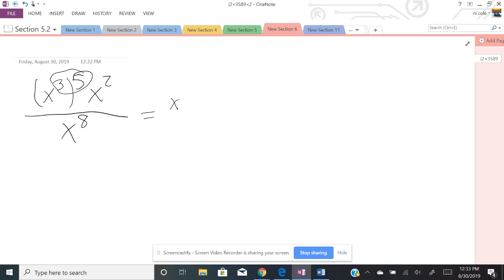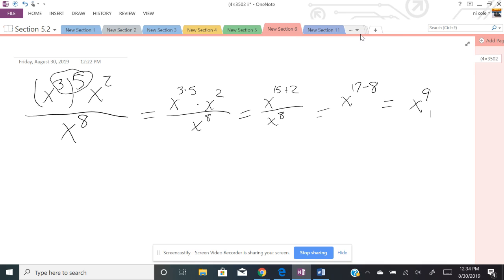That's going to become x to the 3 times 5 times x squared over x to the 8, which is equal to x to the 15 plus 2 over x to the 8. 15 plus 2 is 17, so that gives me x to the 17 minus 8, which gives me an answer of x to the 9. It's all right that these take multiple steps. Steps are great. Show your work. Don't get lost on these problems.